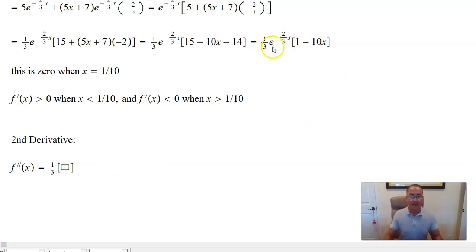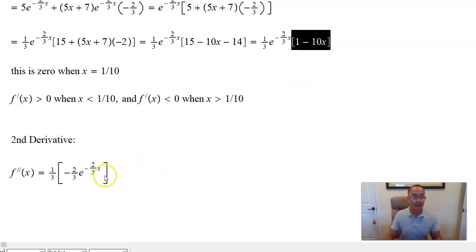And once again, take the derivative of the first factor, multiply by the second, and then add the first factor times the derivative of the second factor. The derivative of the first factor is the same as before. We get minus 2/3 times e to the minus 2/3 x, and we multiply by the second factor.